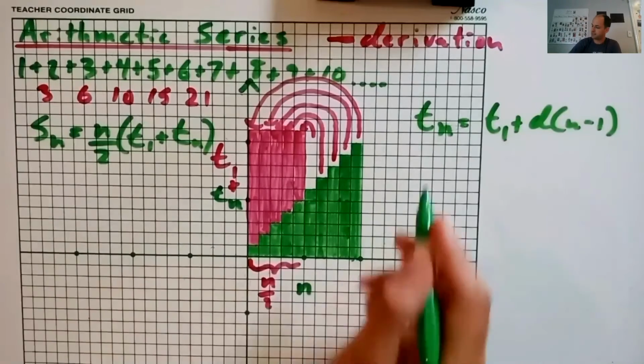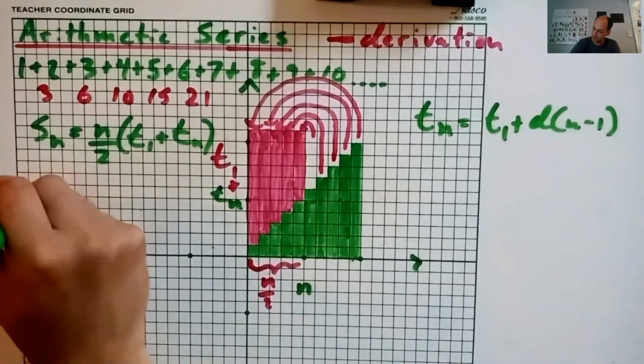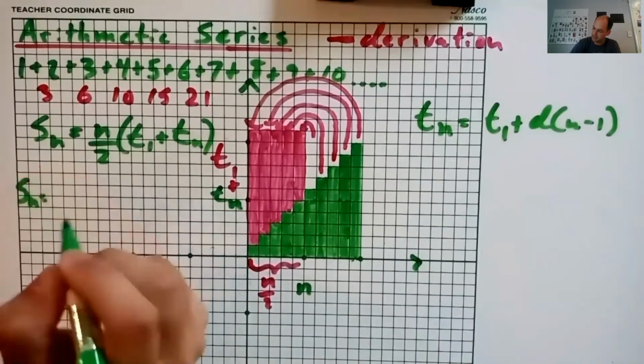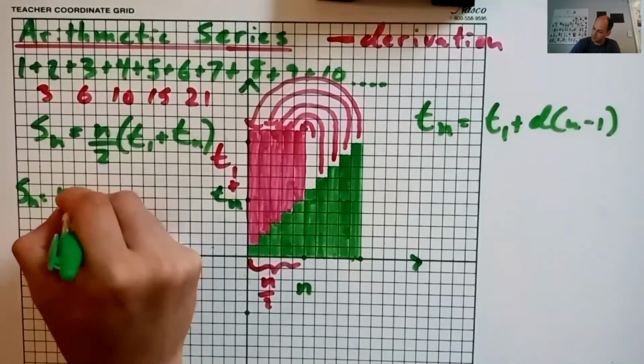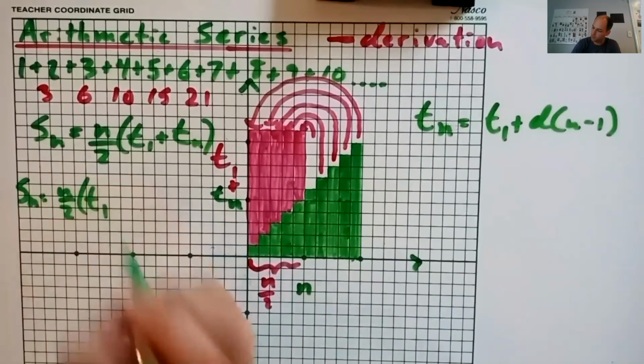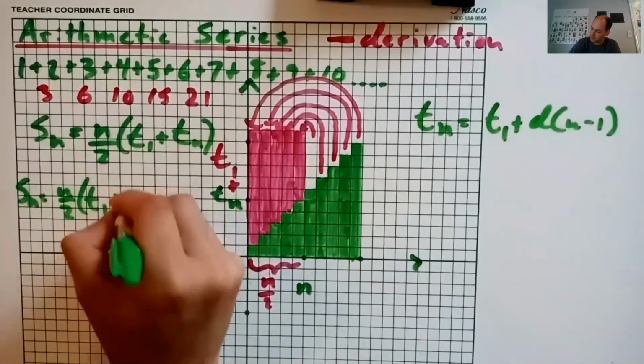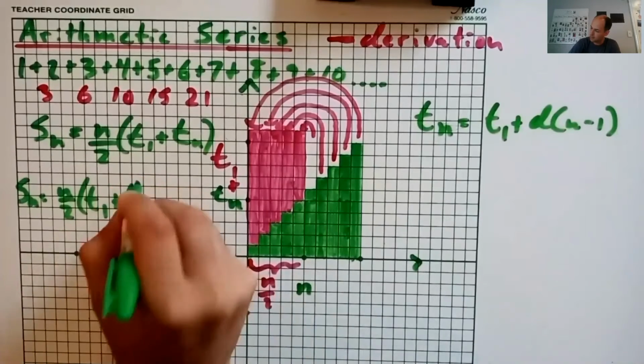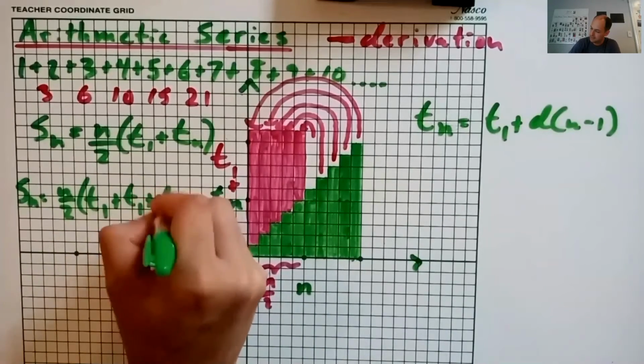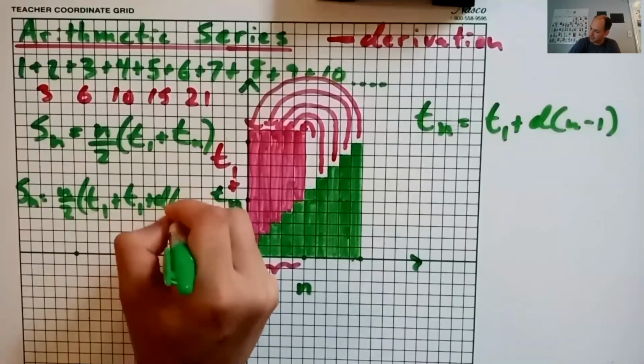So if we did this substitution, we would have Sn equal to n over 2 times t1 plus another t1 plus d times n minus 1.